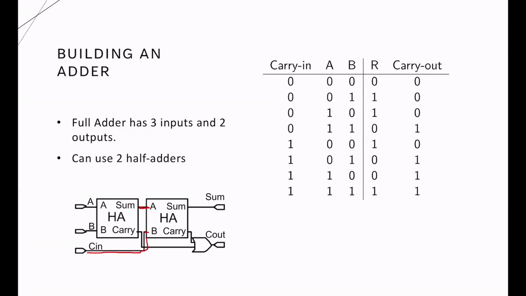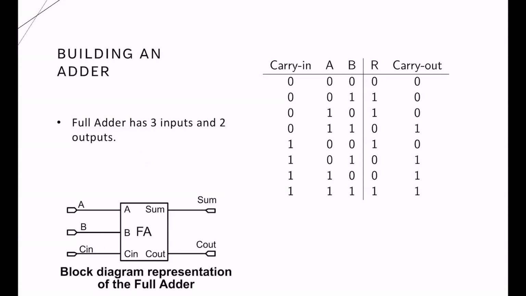So add A and B first, and then add the carry in later. And then you get the carry out and the summation. The carry out here is 1 if either carry is 1. Okay.